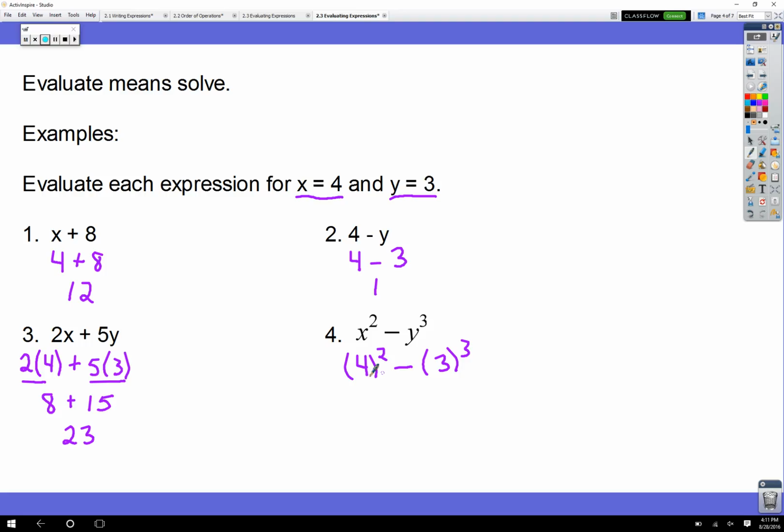What's in the parentheses is already done, so there's nothing to do there. 4 squared is 4 times 4, which is 16, minus 3 times 3 is 9, times another 3 is 27. So I have 16 minus 27. In my head, I'm going to do 27 minus 16, which is 11. So I get negative 11.